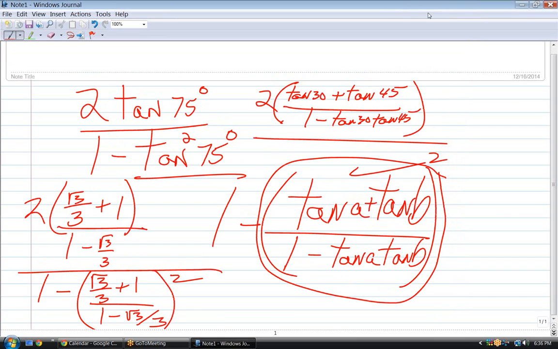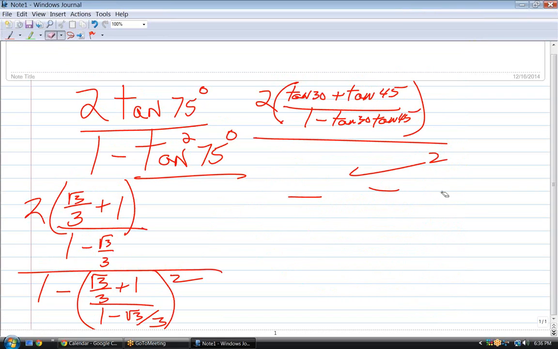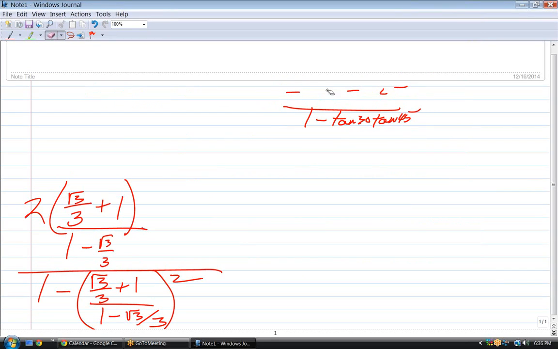Well, let's have a look at it. Let's erase everything we don't need. Seeing if there's any way I can simplify it, because I have this term squared here and that term unsquared there.